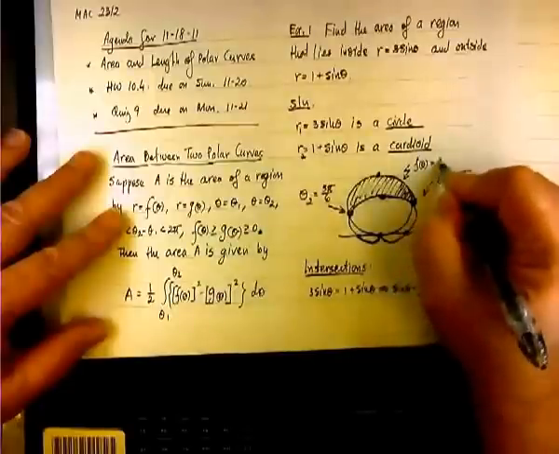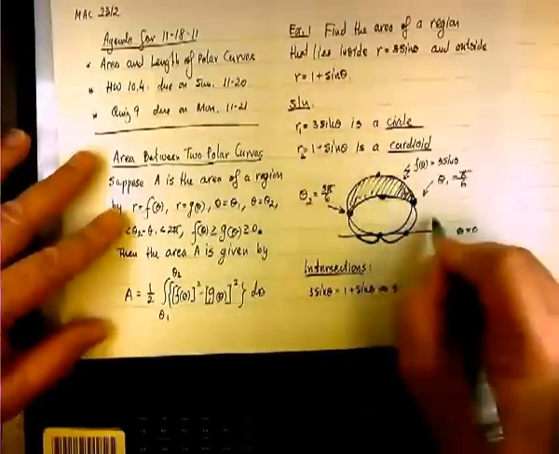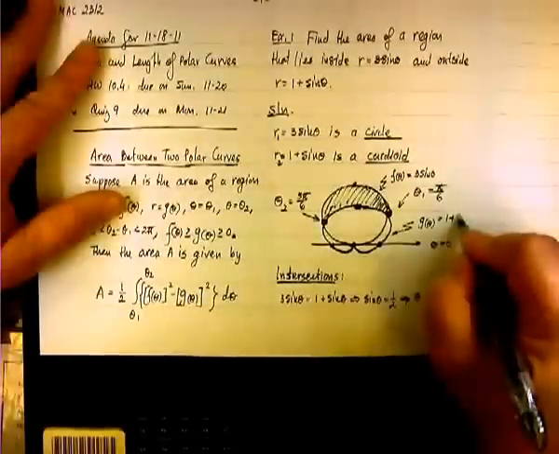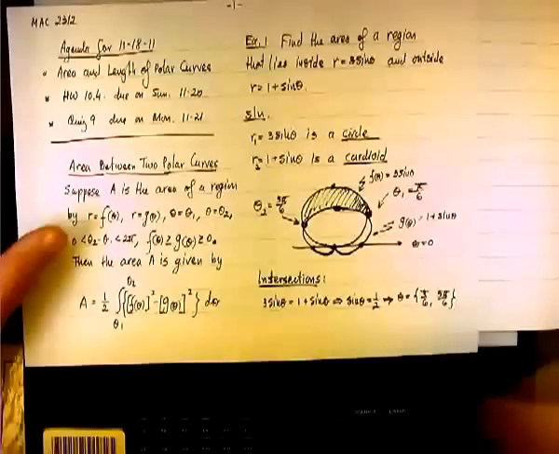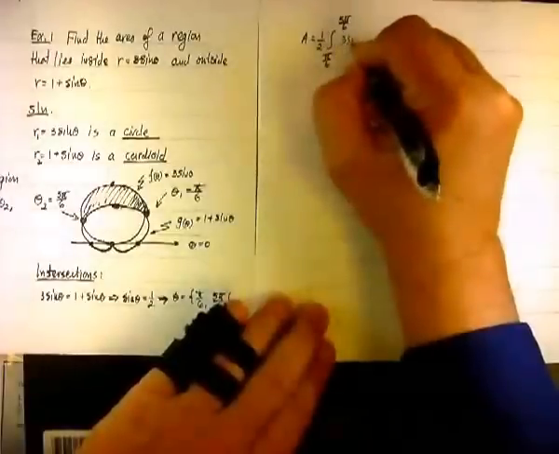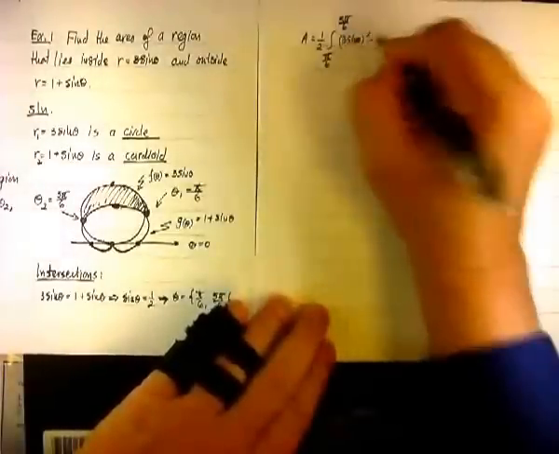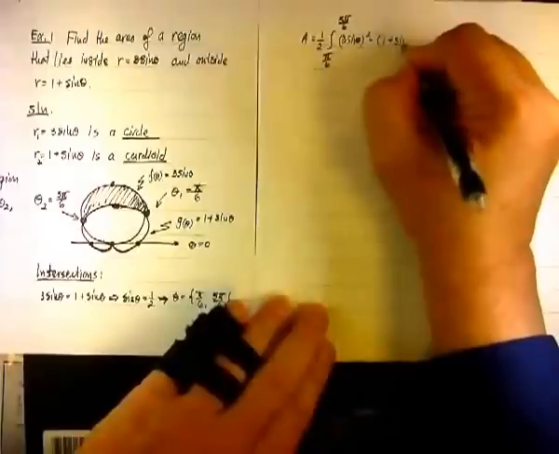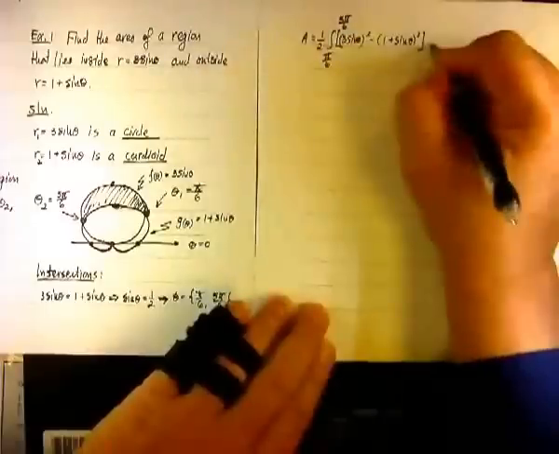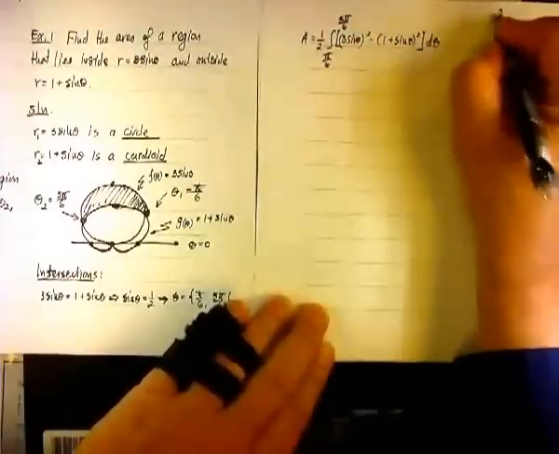Well, f is the circle 3 sine theta, and g is the cardioid 1 plus sine theta. Okay, and so we need to go f minus g. So f is the circle, so (3 sine theta) squared minus (1 plus sine theta) squared, d theta.